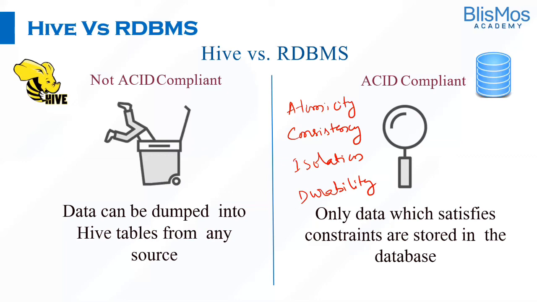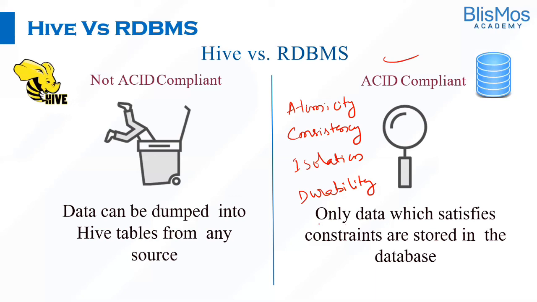Remember, we discussed a person who goes to an ATM and withdraws money. As soon as he or she withdraws the money, an immediate message is sent to his or her phone. That is in a way enforced by ACID compliance.